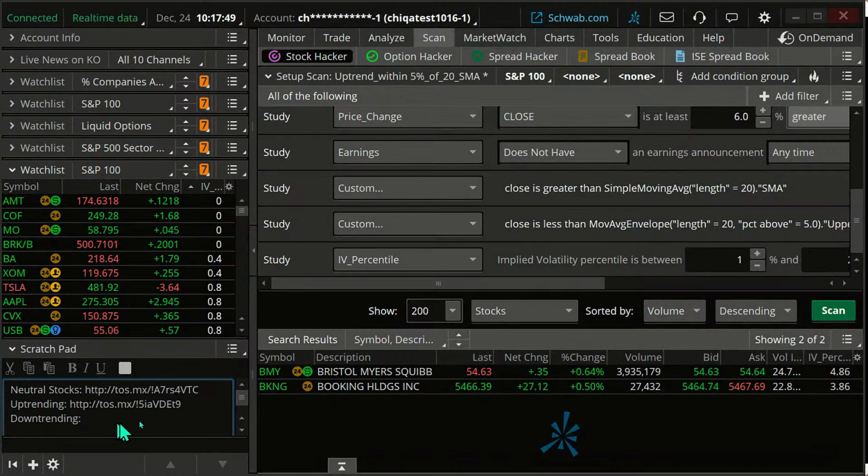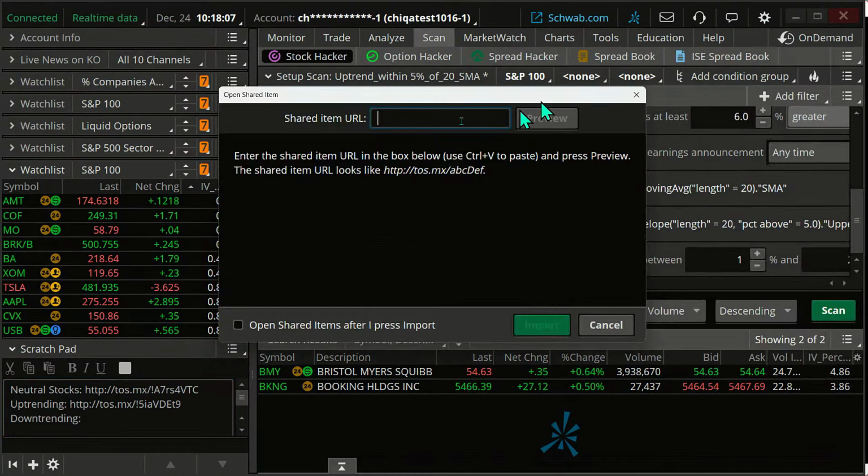Control V. If you're watching the chat, you can just do the exclamation point 5IAVDET9. It is case sensitive. And once you have that, if you want to add that scan in, you can go up to the gear up here, go to open shared item, paste it right in there. Then you click on preview. It'll give you a chance to name it whatever you want, and then you can import that, okay?